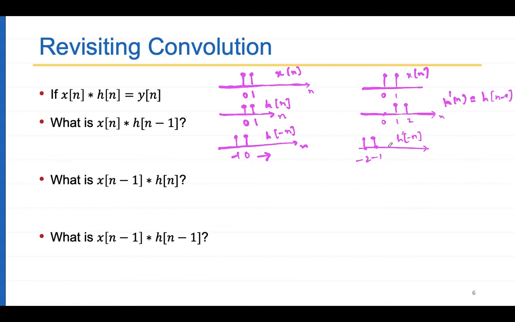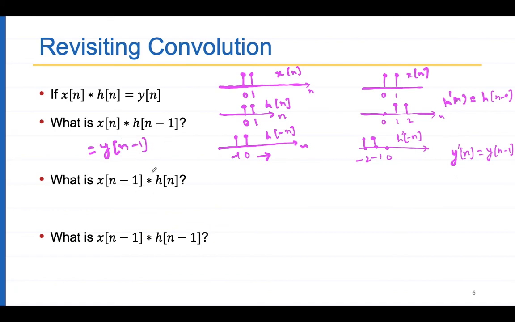What you find now is that these two are exactly the same, but I have to move one step further, which means my y dash of n will be equal to y of n minus 1. So x of n convolved with h of n minus 1 will be equal to y of n minus 1.